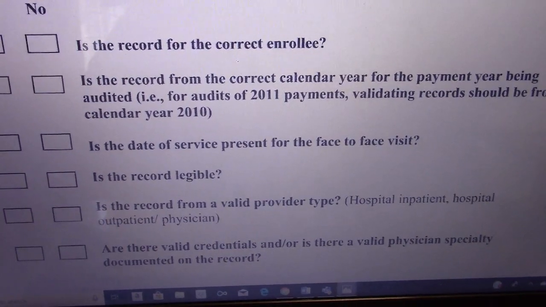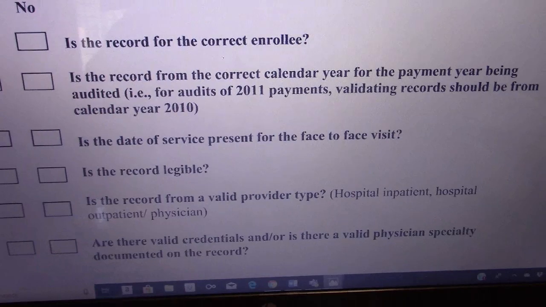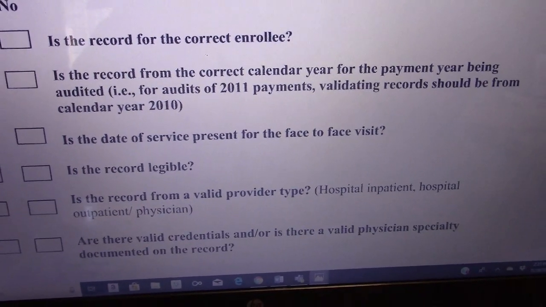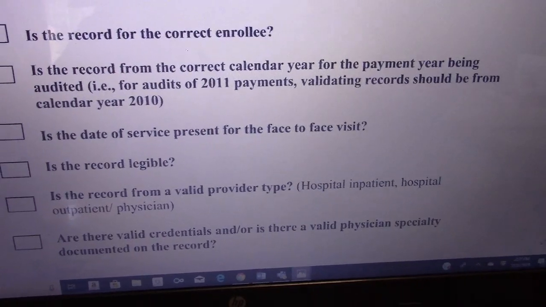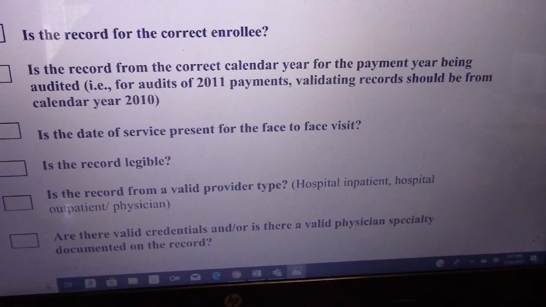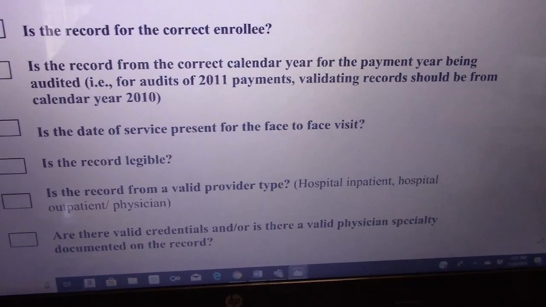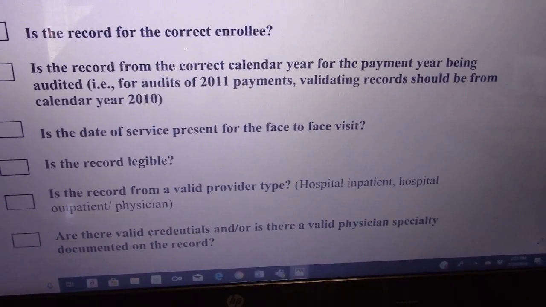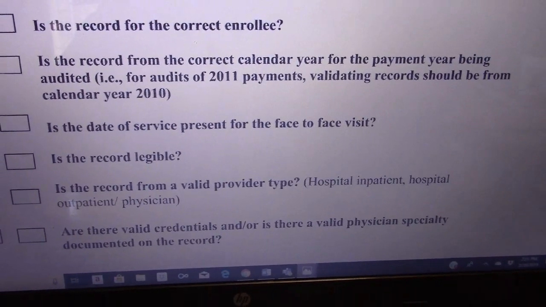And it says CMS published a risk adjustment data validation checklist, which is this form, to assist auditors who are reviewing charts for Medicare Advantage validation audits. This checklist also offers guidance to Medicare Advantage coders because the goal of any coder should be to abstract correctly and within the rules of payer organizations responsible for paying the claims.